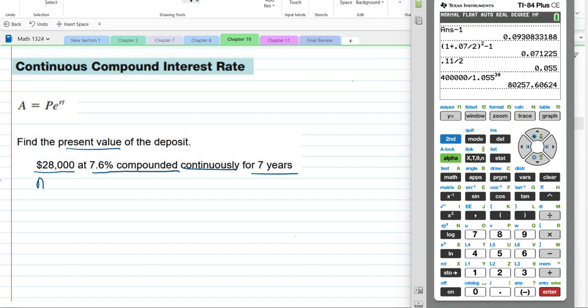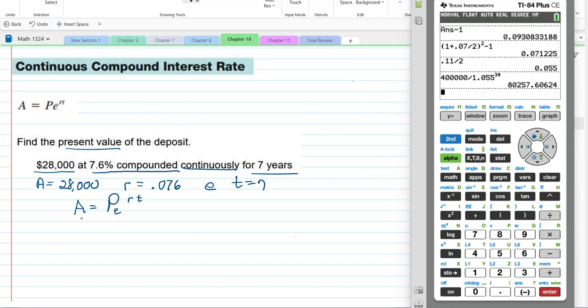So the present value of the deposit. So our A is that $28,000. And our rate is 0.076. E is continuous and T is 7. All right. RT.